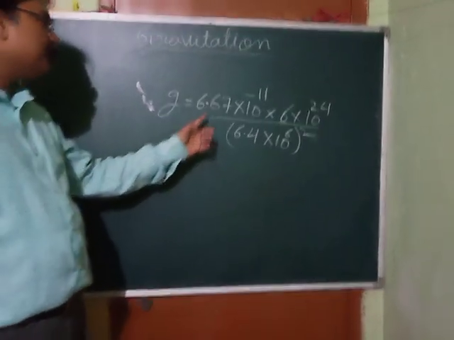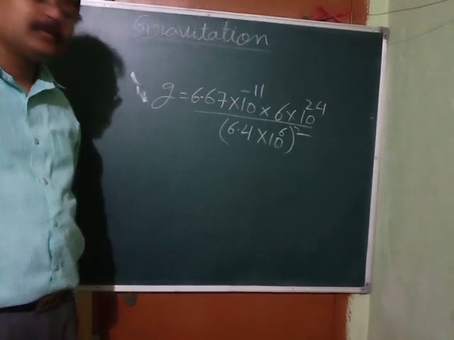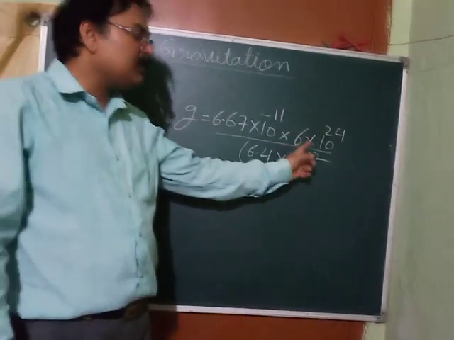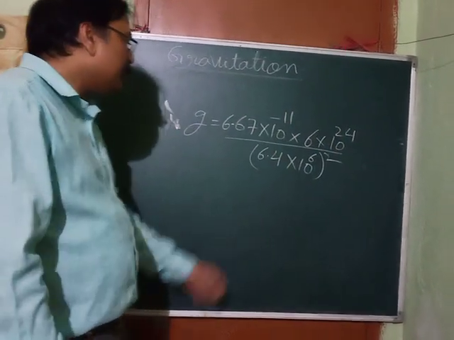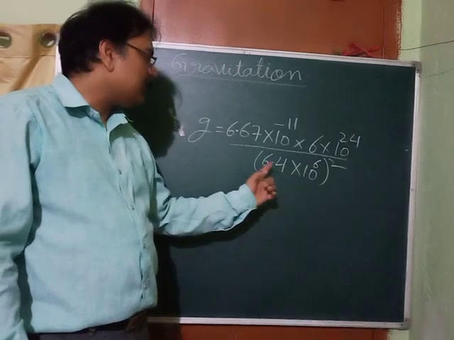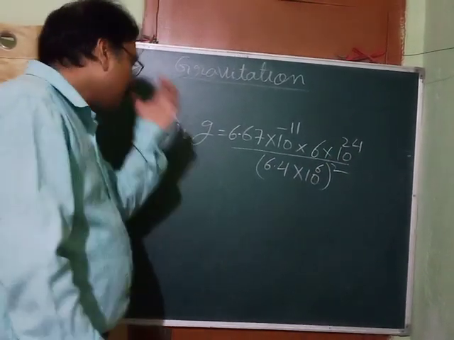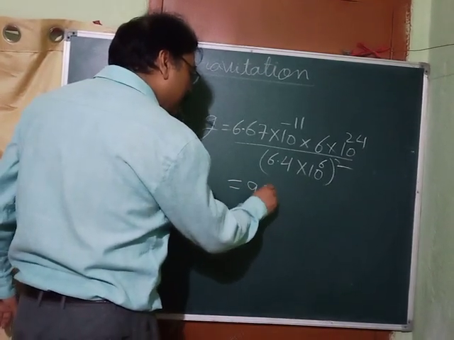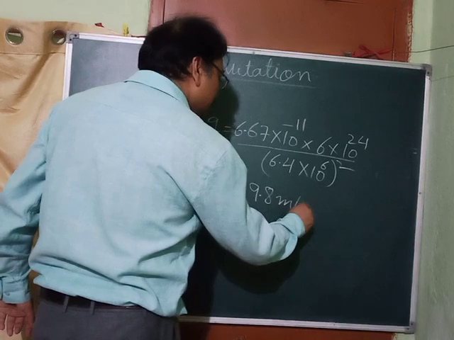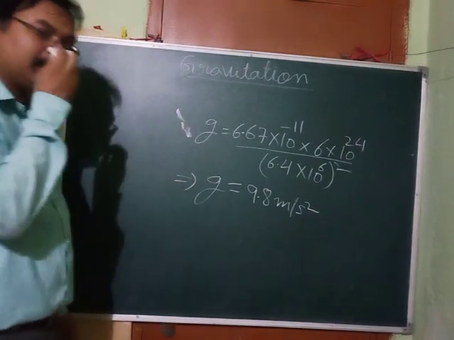In that formula we put the value of capital G, that is 6.67 into 10 to the power minus 11. We put the value of the mass of the earth, that is 6 into 10 to the power 24 kg. We put the value of the radius of the earth, that is 6.4 into 10 to the power 6, and square of that. What result do we get? We get 9.8 meter per second square.